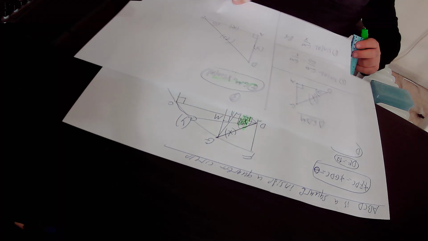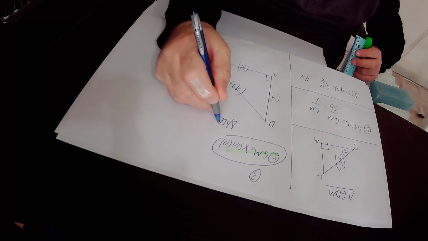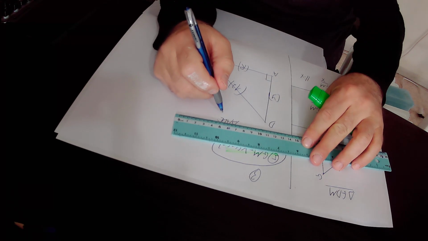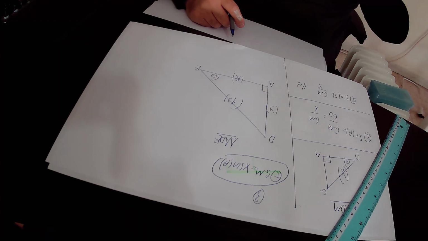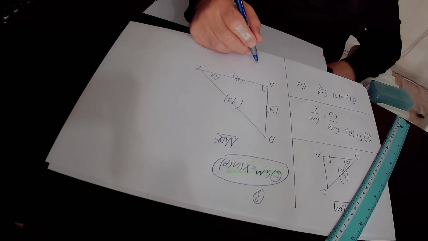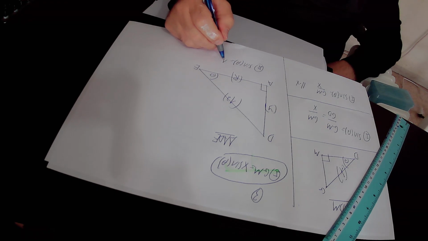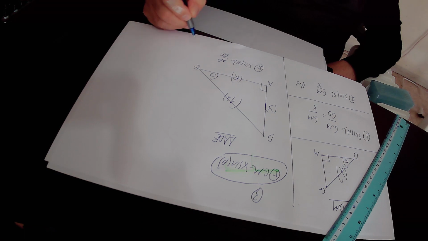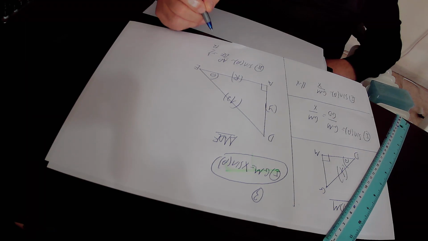This is the right triangle ADE that I copied from the original drawing. In this right triangle ADE, sine theta equals AD over DE. So sine theta equals AD, that is y, over DE, that is 12.